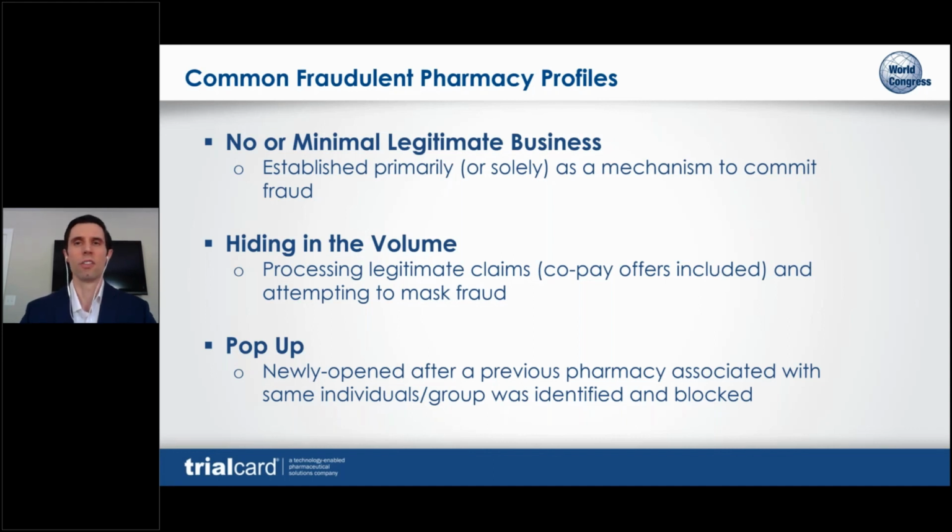After one of the no legitimate business entities gets shut down, you tend to see the same people or the same organizations resurface under a new NPI, a new license, a new state business license. They're trying to get right back into the game and continue doing exactly what they were doing, just under another banner, and hopefully not get detected. So those are the modes in which a lot of this occurs. The majority of them are going to fall into one of these three buckets.